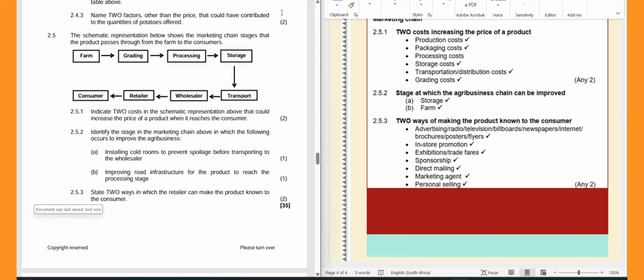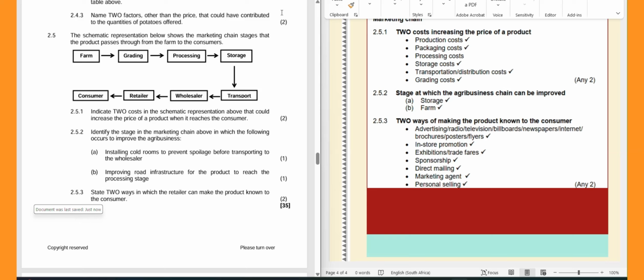We can also communicate our product offerings through in-store promotion. That's where maybe if you go to ShopRite, for example, if there is a new product, maybe you'll find two or more staff trying to introduce that product to the customers. They will say to you, okay, can you try this product and tell us what you think about the product?